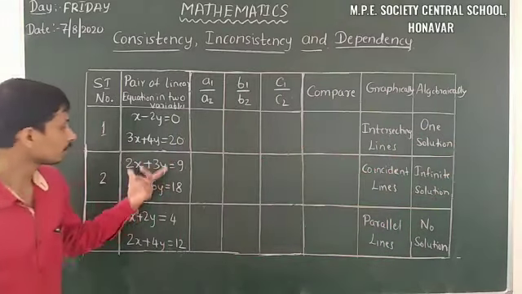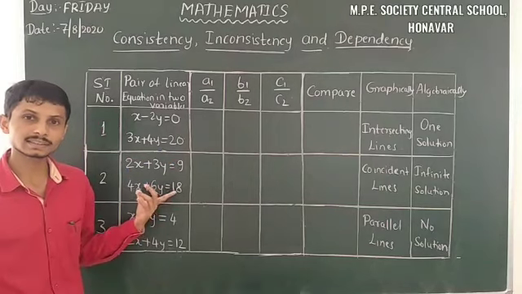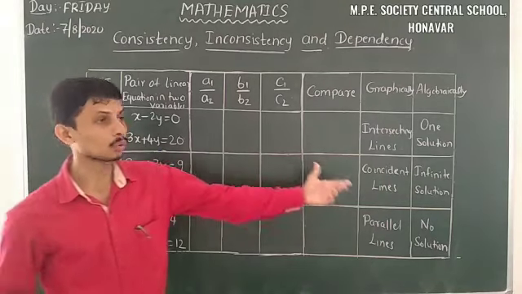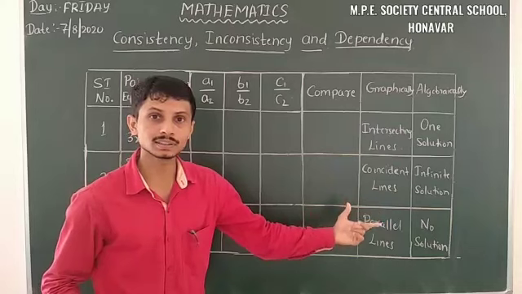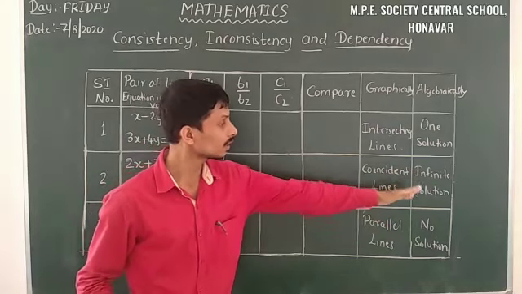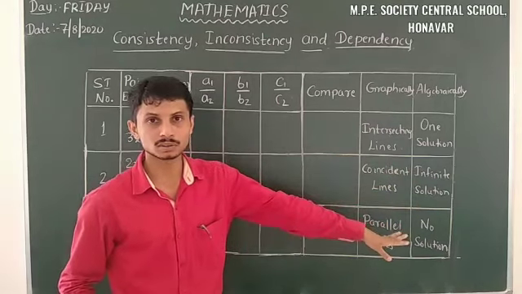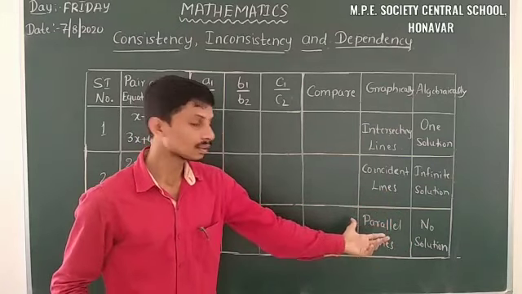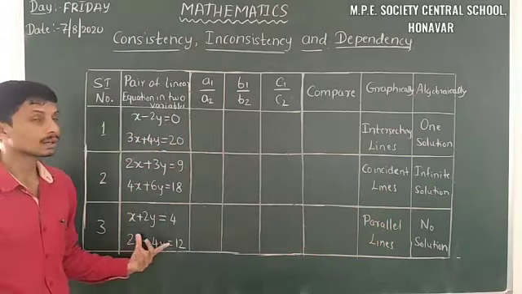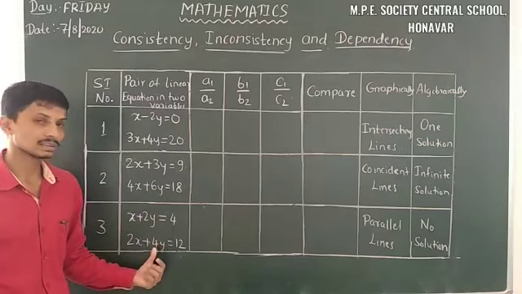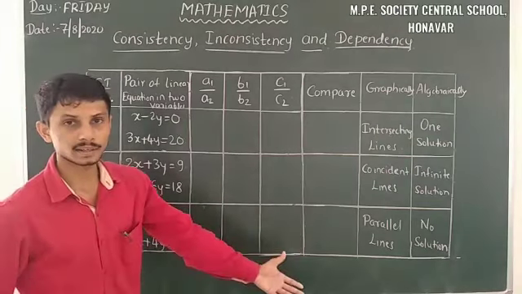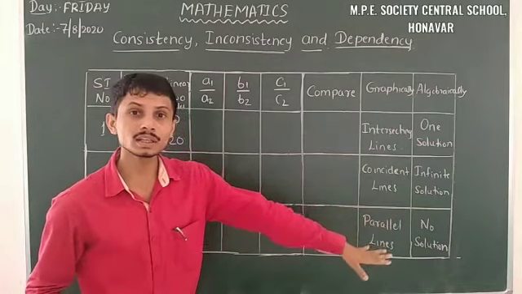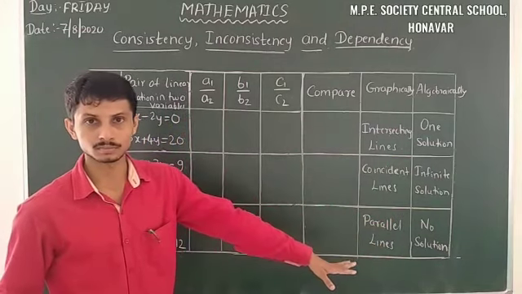When we take this example, we get coincident lines, so there are infinitely many solutions. When we take this pair, we get parallel lines, so there is no solution.